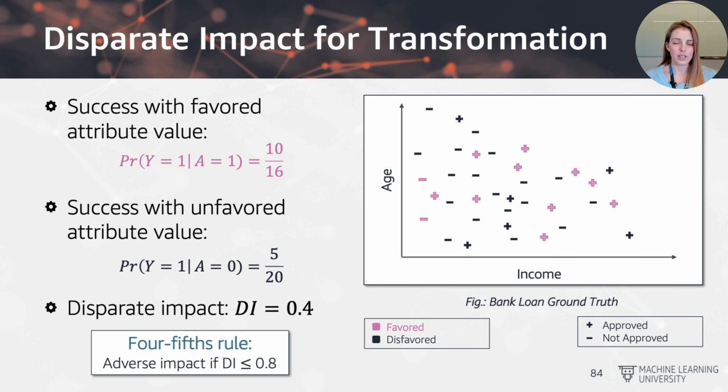I already mentioned that this is one of the metrics that has found its way into legal literature, where we have the 4/5 rule, or we can also say that there is adverse impact that we need to mitigate if the DI value is less than or equal to 0.8, which in our case it is. So we do need to perform a transformation.